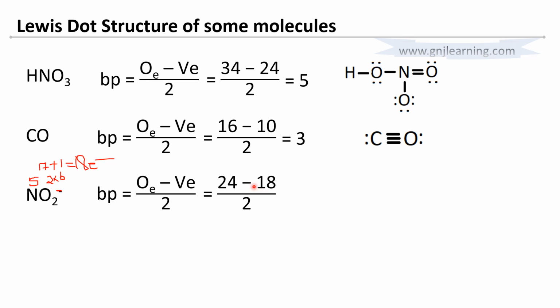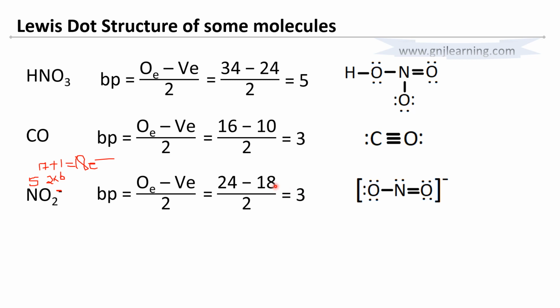24 minus 18, 6 by 2, which will be equal to 3. 3 bond pairs are there. So again nitrogen is placed in the center and oxygen on either side of nitrogen, and 3 bonds are distributed like this. And the pairs of electrons that are deficient to get octet are distributed as lone pairs. Now what you can do is count the number of electrons.